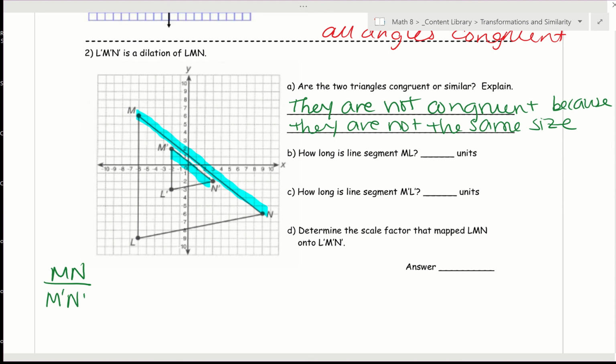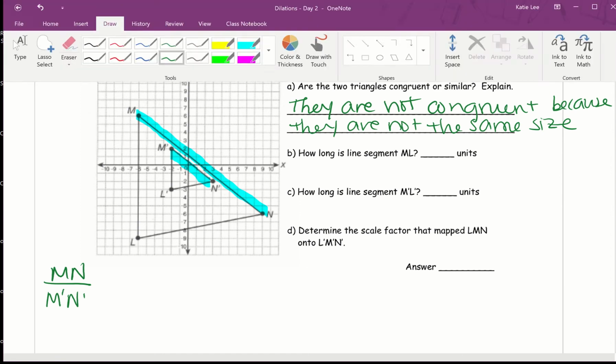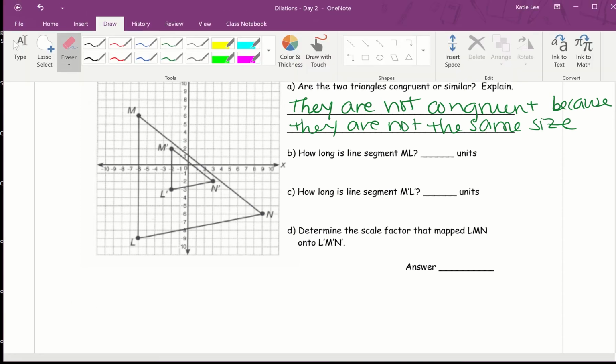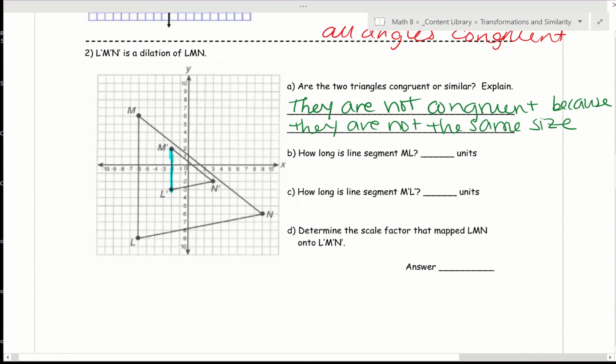We don't really, because it is so diagonal. We haven't learned how to do any diagonals yet, so that's not a good one to pick. We want one where we can see and count the units. So if we look at ML and M prime, L prime, those are nice and straight. So I would say, assuming yes, they are similar, because it looks like they're the same shape, but let's prove it.